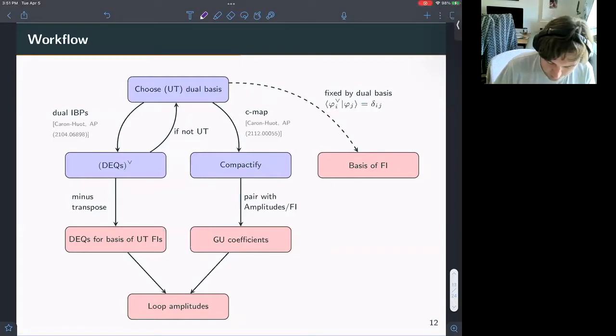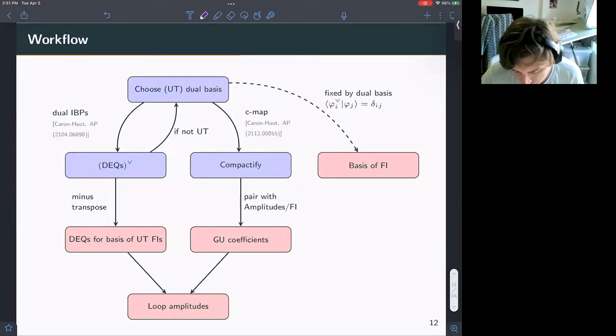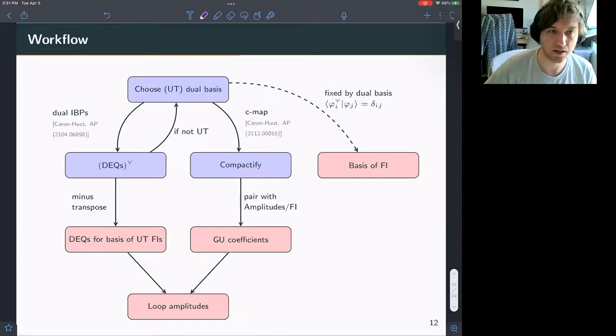And if that differential equation is something that we call uniform transcendental, then we can continue. If it's not, we have to adjust our ansatz, our basis, until it is UT. Just by choosing our basis and requiring that the pairing with the basis of Feynman integrals is orthonormal, the basis of Feynman integrals is actually completely fixed by our choice of dual basis.